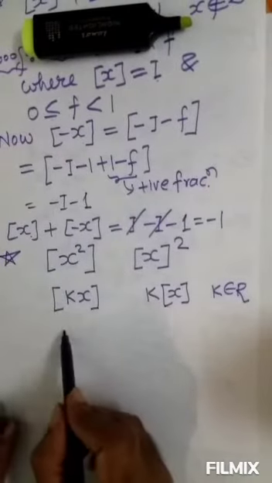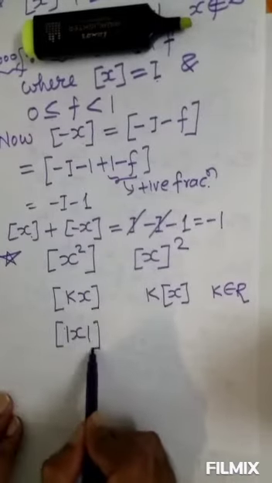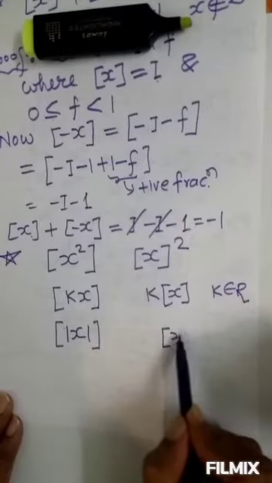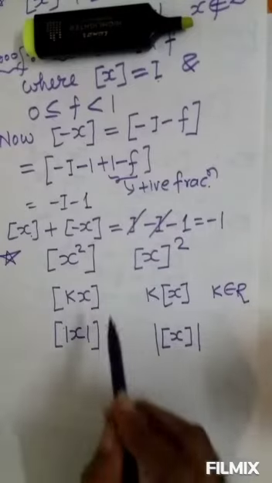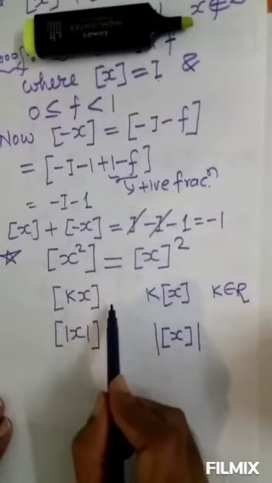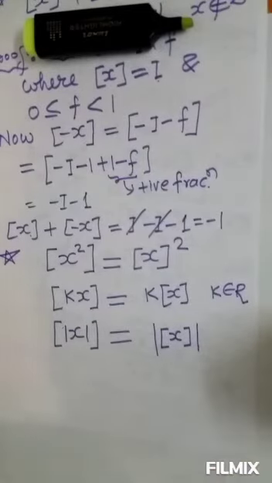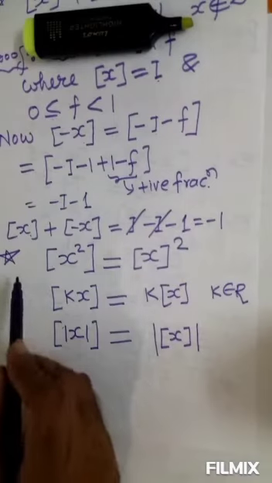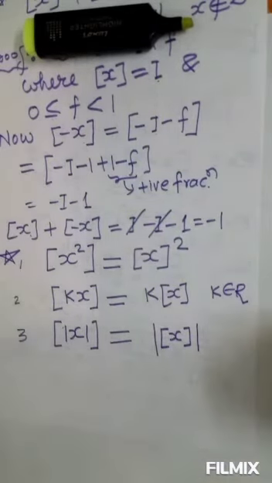Then greatest integral of mod x and mod of greatest integer x. My question in these three things is, in which of these cases is there equality? Let's say first, second, third. Tell me. You can try to prove, or you can use some examples also.